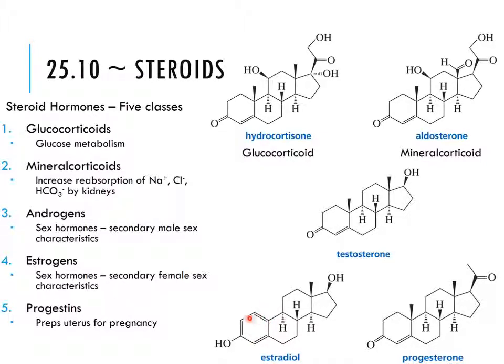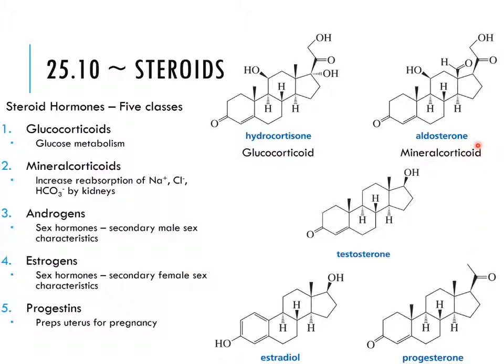So I think that the estrogen stands out the most because of that benzene ring. One thing that I think is really interesting is the difference between testosterone and progesterone. The only difference in the molecule is that we have an alcohol versus a ketone. That's one of the differences between a male sex hormone and a female sex hormone, and it's just this tiny little difference in the molecule.